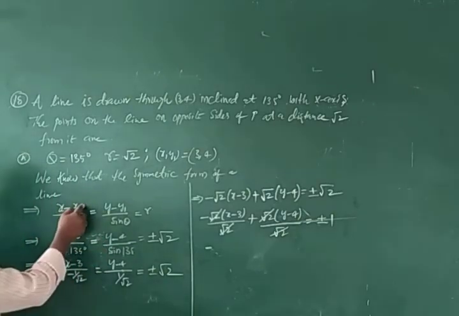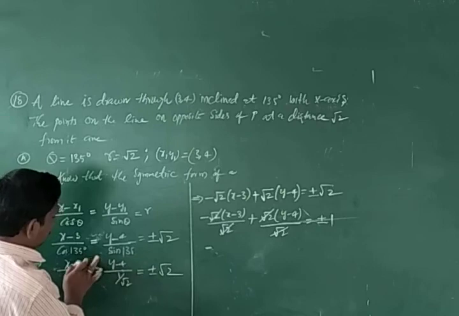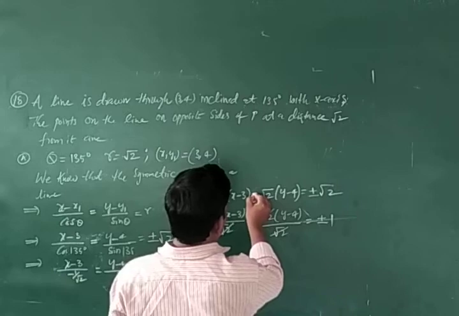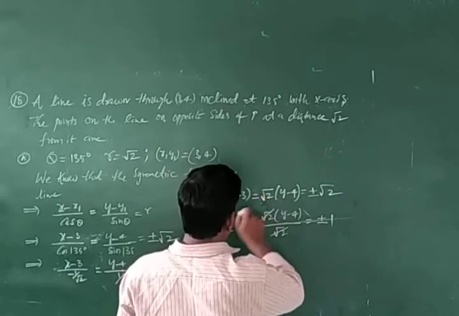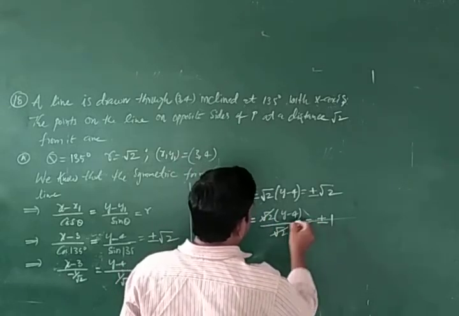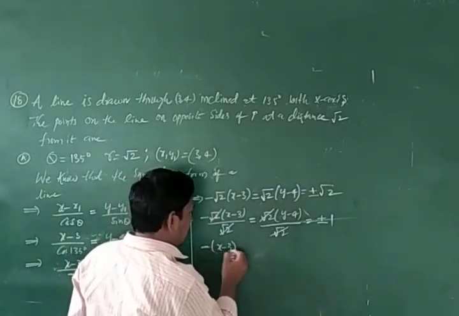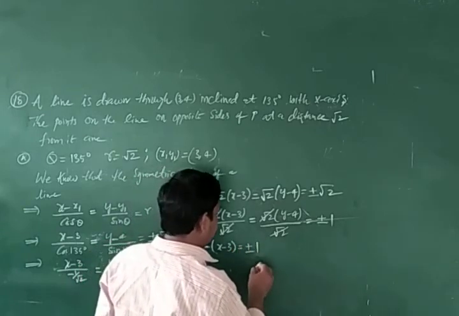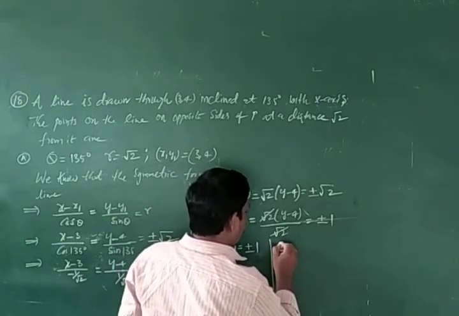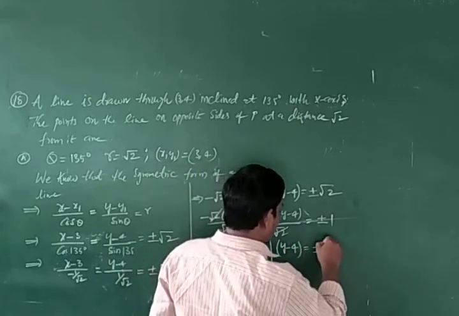What is the symmetric form? (x minus x1) by cos theta equal to (y minus y1) by sin theta. So this is also positive. Okay. Now minus of (x minus 3) equal to plus or minus 1, and (y minus 4) equal to plus or minus 1.